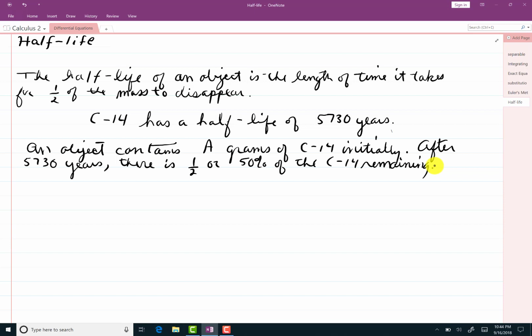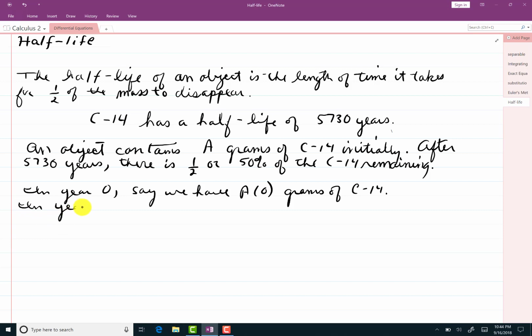Okay, so in year 0, say we have A of 0 grams of C-14. In year 5,730, we have 1/2, or 50%, of A of 0.